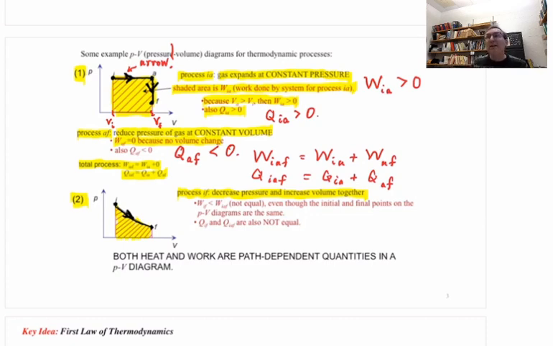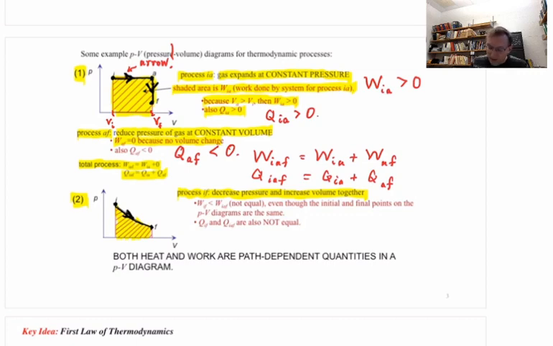Remember, in a PV diagram, the area under the curve is equal to the work done by the gas. So look at the two graphs in 1 and 2. Which has a larger area under it? Graph 1, yes? You're just going to look at them and see.